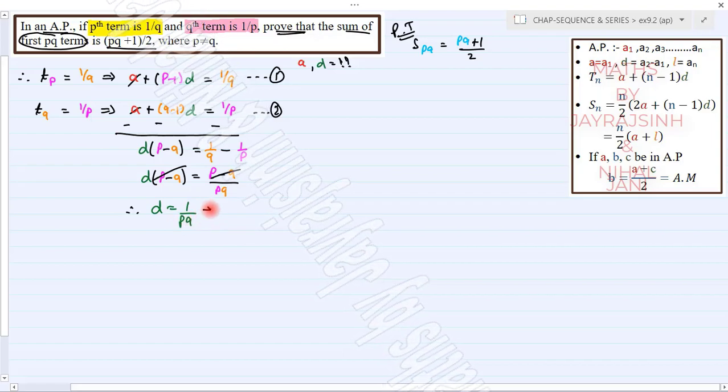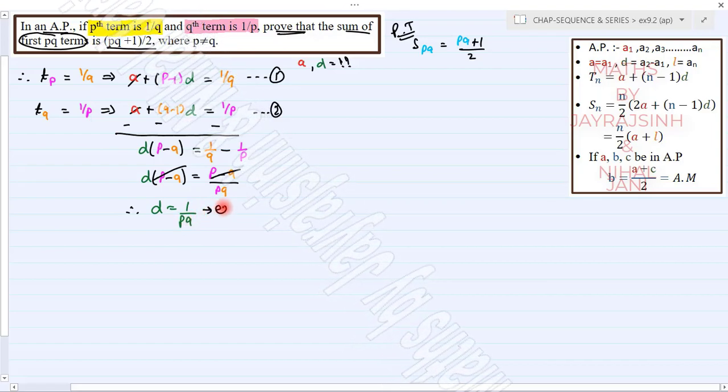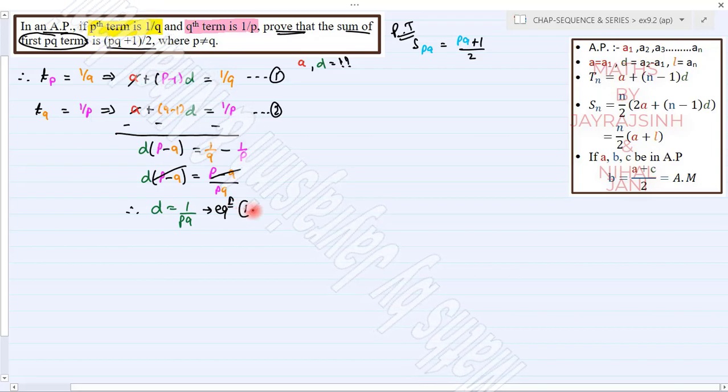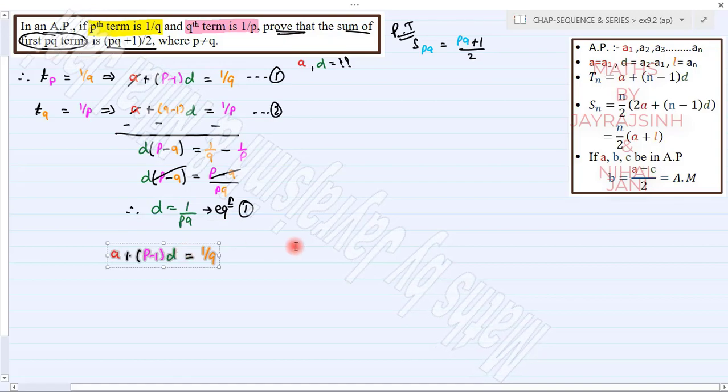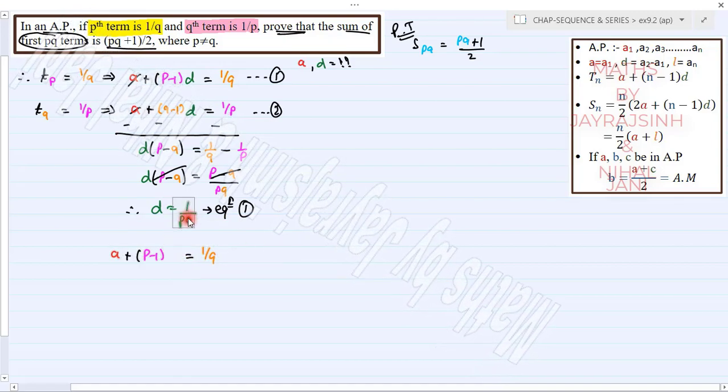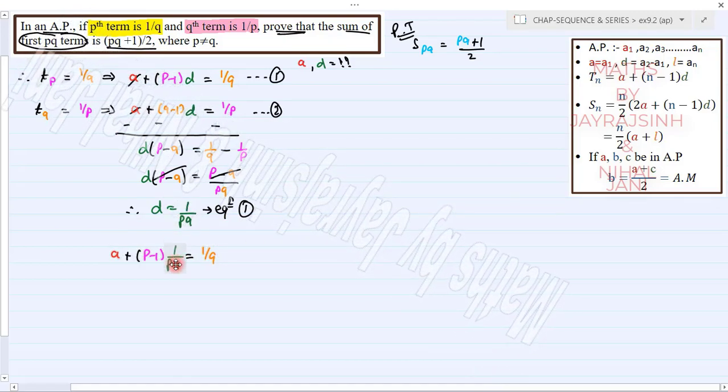Now substitute the value of d in any one equation. Let's substitute in equation number 1, and instead of d, let's place 1 upon pq.